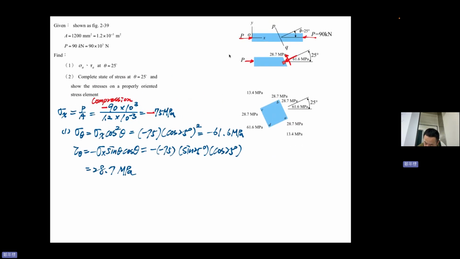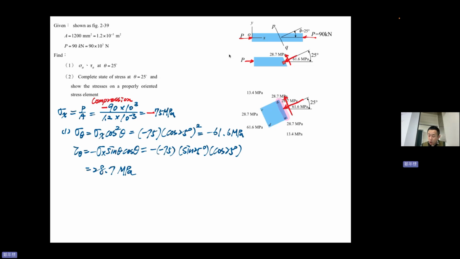You draw this one, and the surface needs to have the 25-degree direction when you have the exam. You need to draw this by yourself. The first surface we know is at 25 degrees: minus 61.6, no problem, and the other is 28.7 MPa, which is positive. So this is the first area that we know.